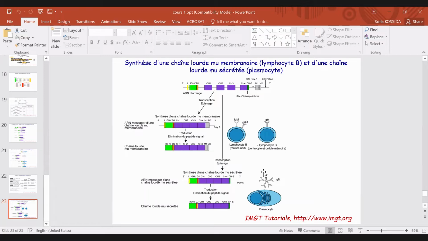Is it clear? Basically, we play with the 2 polyadenylation sites, and these are M1, M2 that will give rise to membrane heavy chains, and the CHS for secreted will give rise to the secreted pentameric form of the mu heavy chain.